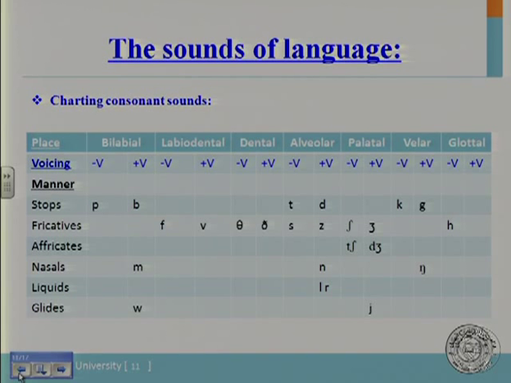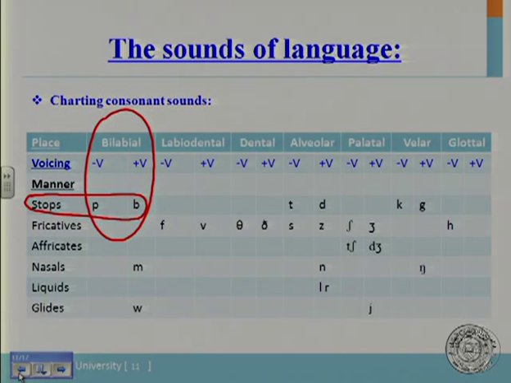In bilabial, we have two groups. The first is a voiceless group, and here we have a voiced group. Now, the sounds p and b are bilabial stop sounds. Why? Because here we have the place of articulation, and here we have the manner of articulation.